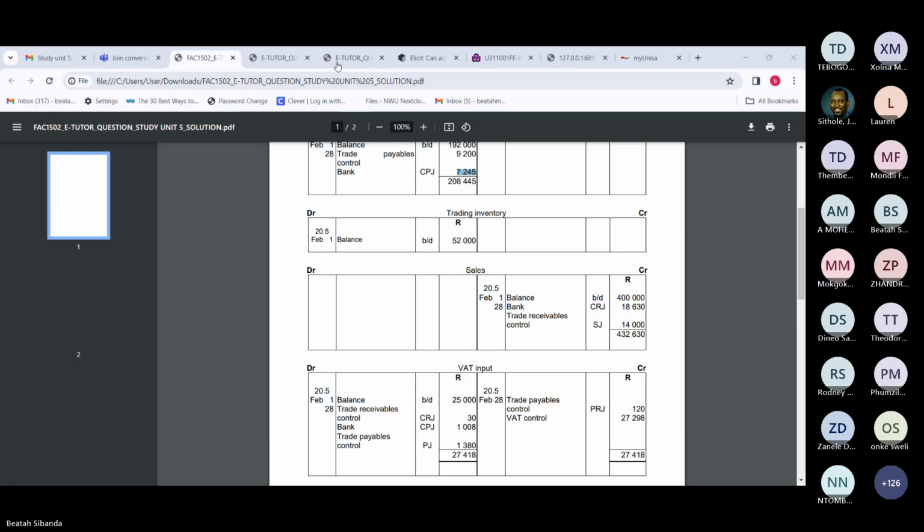Remember we sent the questions to students when we sent the announcements. Before they come to class, they must print the question, because we sent the question to them via the announcement.